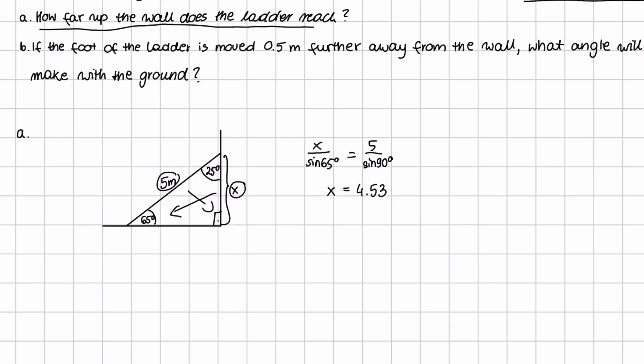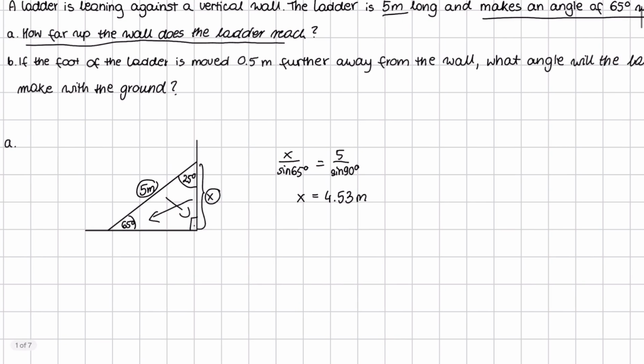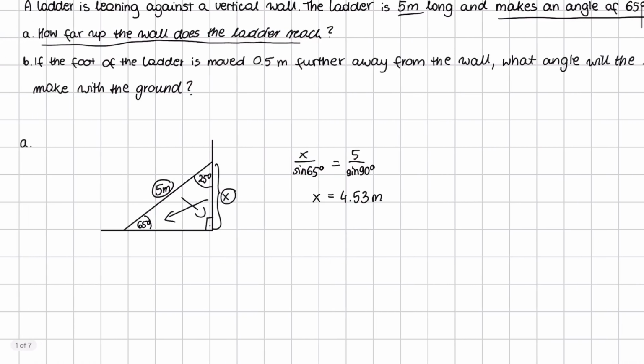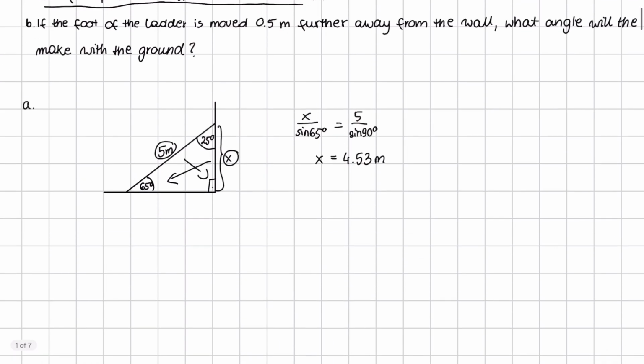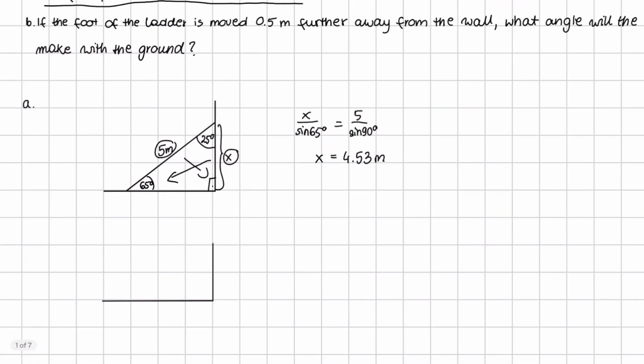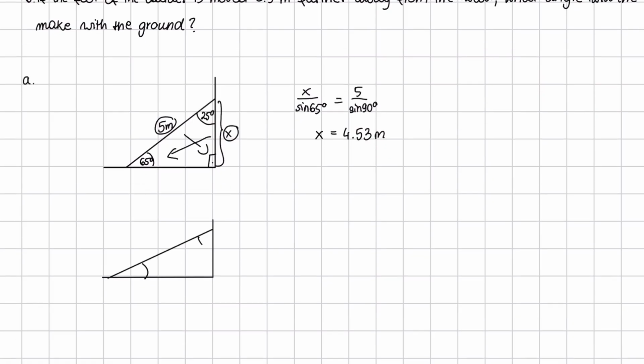4.53 meters. B. If the foot of the ladder is moved 0.5 meters further away from the wall, what angle will the ladder now make with the ground? So we have to imagine, or basically we can draw it, that our ladder is moved away, like here. So here and here we have new angles.